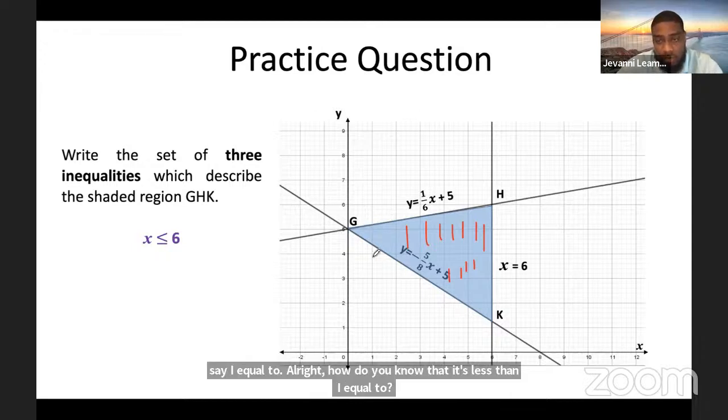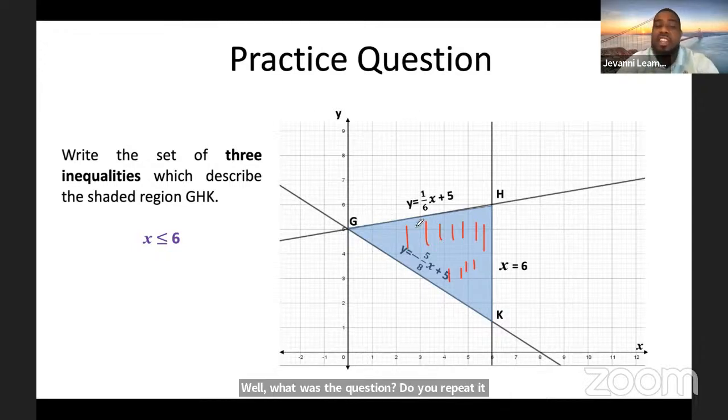What was the question? Could you repeat it, sir? Oh, I was saying that we're finding the three inequalities. We found one already, right? Using the reference line of HK, which would have been the line x equals 6, we got x is less than or equal to 6.